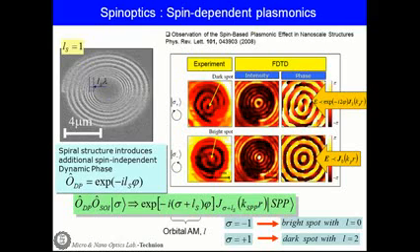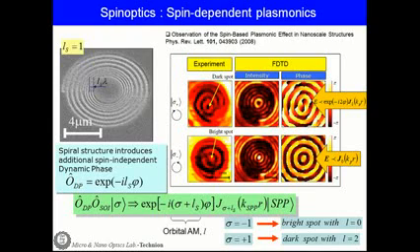We would like to present here our experiment to distinguish between the intensity of spin up and spin down. In order to do that, we added a spiral structure, which introduced an additional spin-independent dynamic phase.